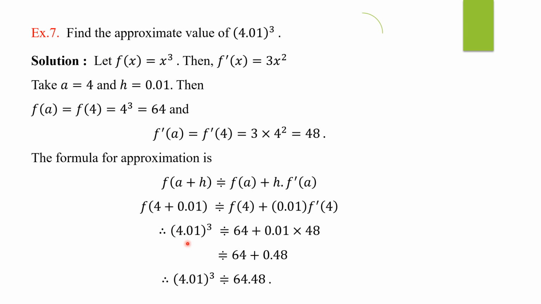Therefore, f of 4.01 cube is equal to f of 4. The value of f of 4 is 64 and the value of f dash of 4 is 48. Putting these values, we get 64 plus the multiplication 0.48. Addition is 64.48. Hence, 4.01 cube equal to 64.48.